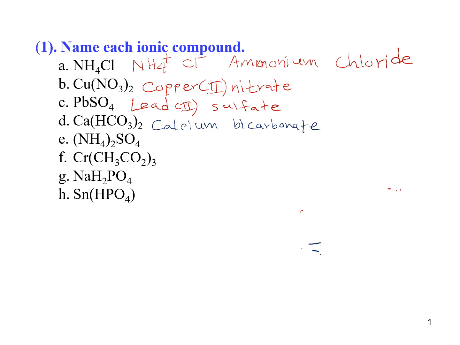Next one, the cation is ammonium and the anion is sulfate. We can simply name it ammonium sulfate because ammonium always forms +1. Next one, chromium is a transition metal.